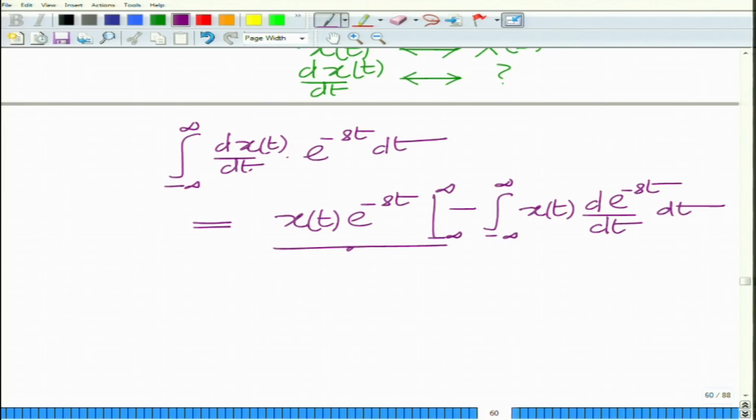So, this term is 0 and we are left with the second term. So, that gives us the integral from minus infinity to infinity of x(t) times the derivative of e raised to minus st dt.